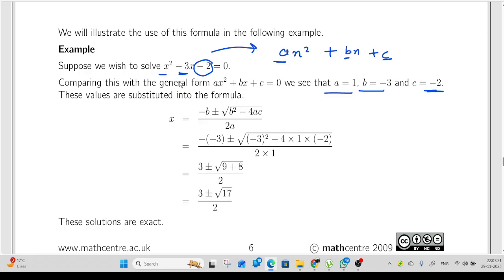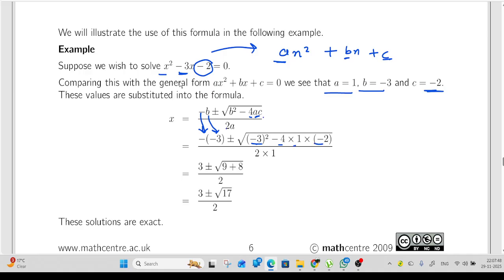Then we plug in all these values. b is negative 3. So this negative, there are two negative signs. This one is from the formula and this is the value of b. b square, negative 3 square, minus 4 times a, which is 1, and c is negative 2.